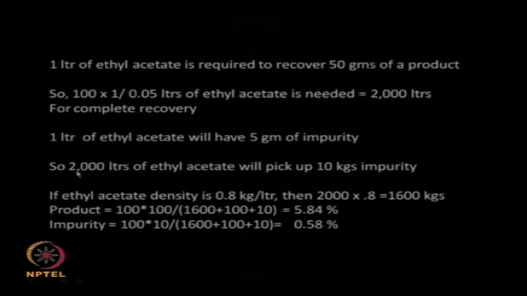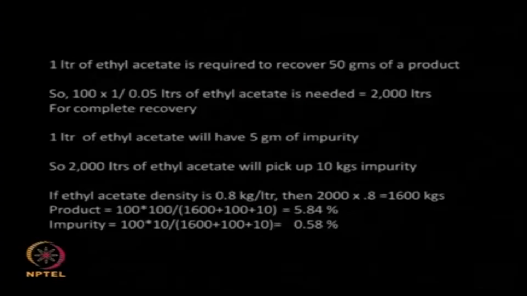I will end up with 2000 liters into 5 grams, so 10 kgs of impurity will get carried away by the ethyl acetate, because 1 liter of ethyl acetate will be able to pick up 5 grams of impurity. So my 2000 liters of ethyl acetate will have 100 kg of the product and 10 kg of the impurity, okay.